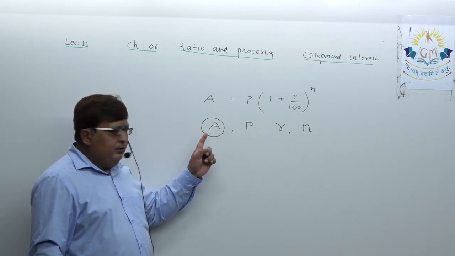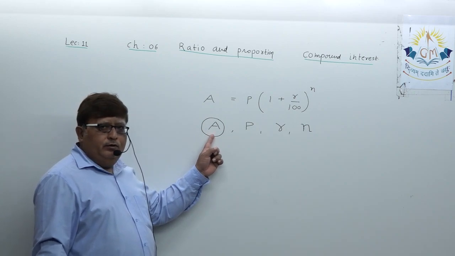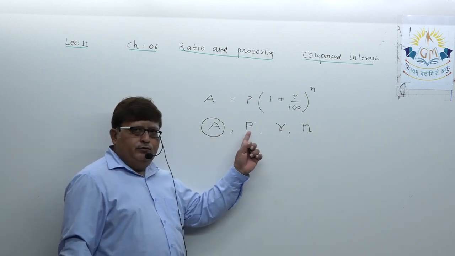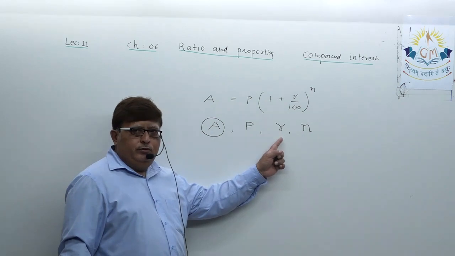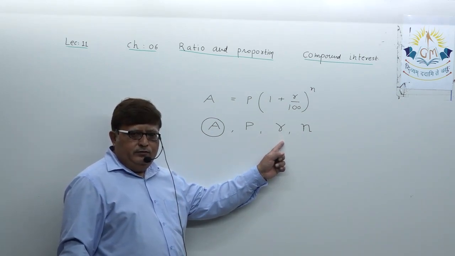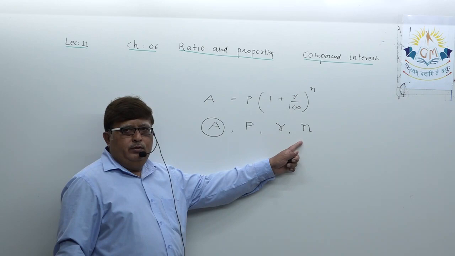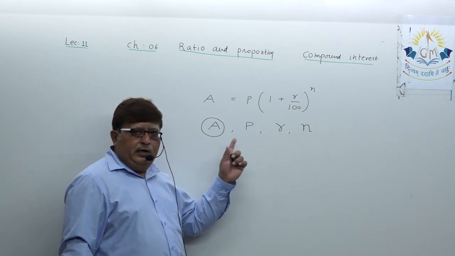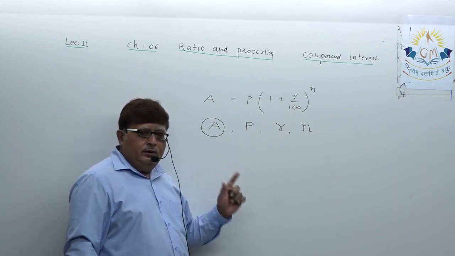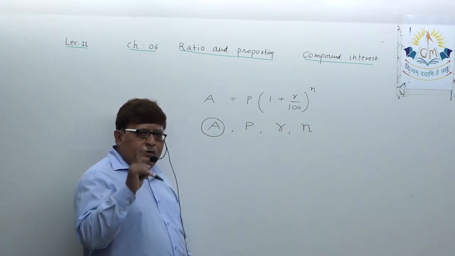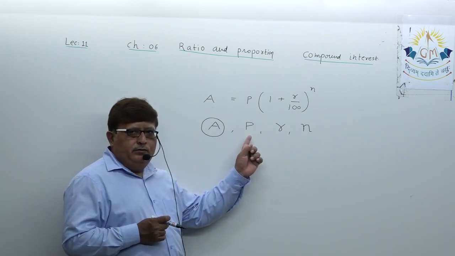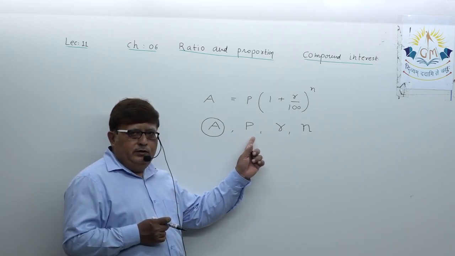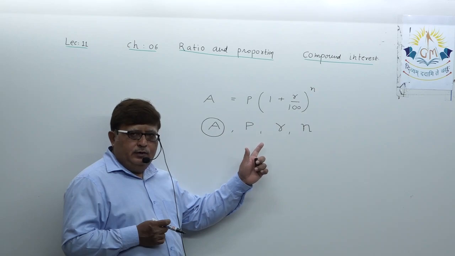But if you want to find compounded amount, you should have principal, rate of interest, and number of periods. Means out of the four variables, if you want to find any one, you should have the knowledge of the rest of the three.